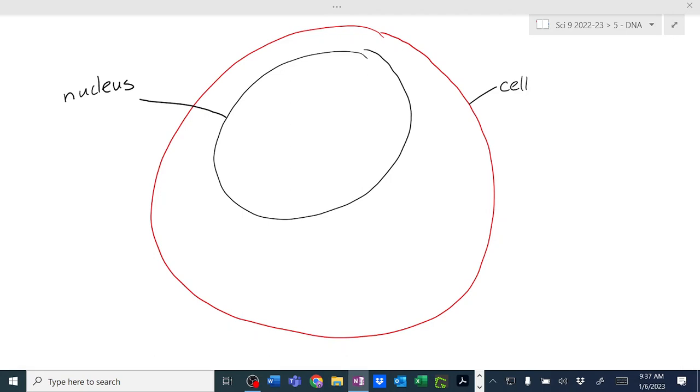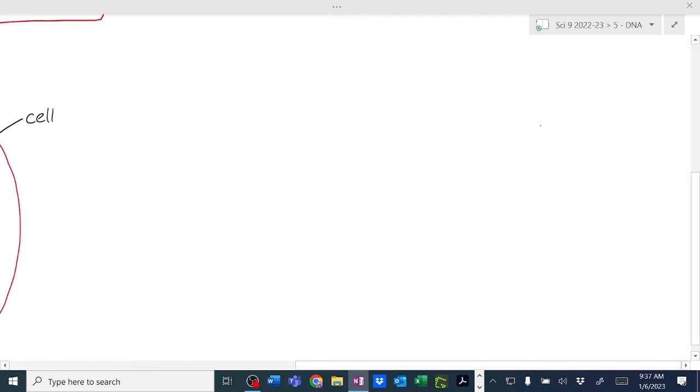No. And in fact, if you were to look at it under a microscope, you still could not see a double helix. You would not see even those lovely chromosome shapes that they sort of show you that look like X's. Those only take place when the cell is getting ready to divide.